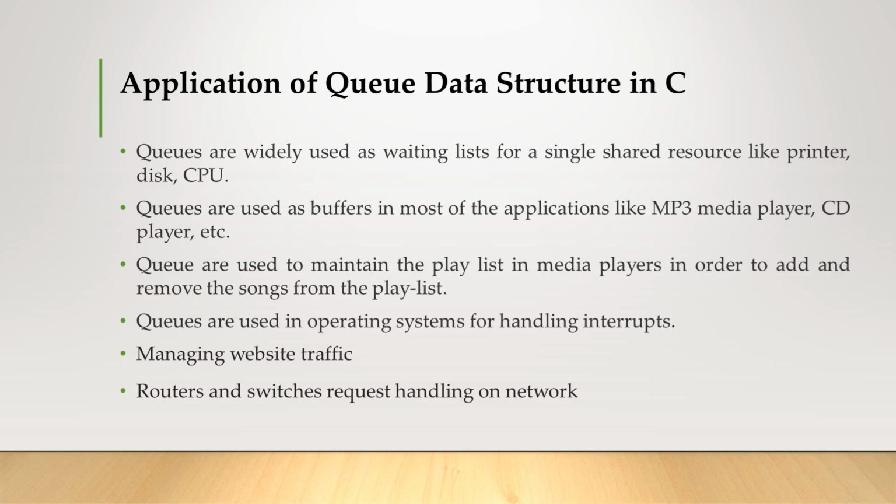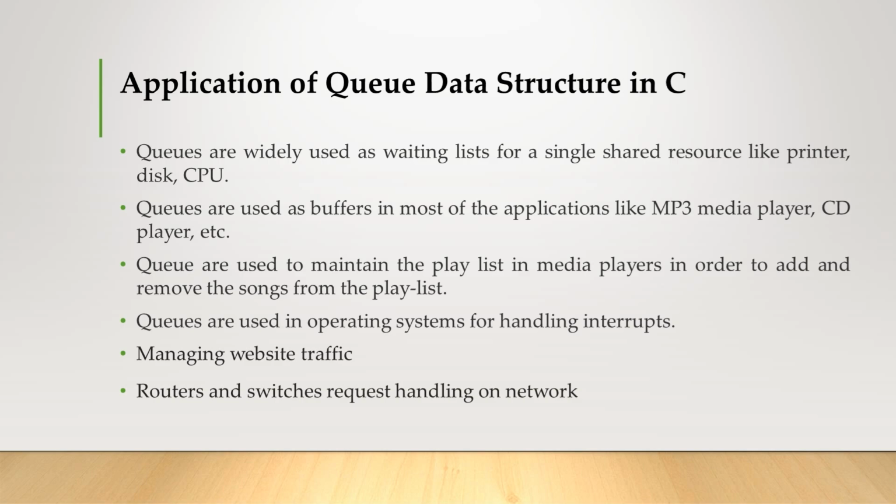Now let us see some of the applications of the queue data structure in C. We had already seen some real life examples where the queue concept is applied, and also in our call centers the same queue concept is used. Queues are widely used as a waiting list for a single shared resource like a printer, and in our disk and CPU scheduling.